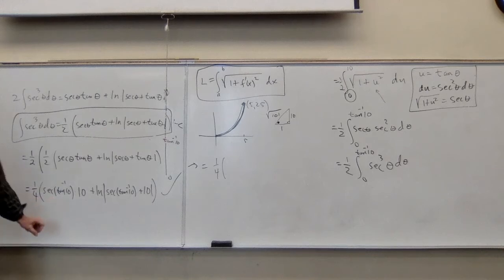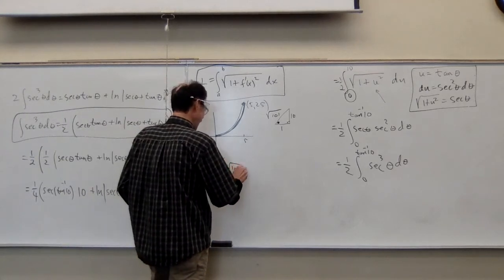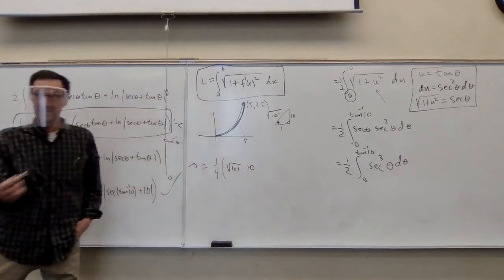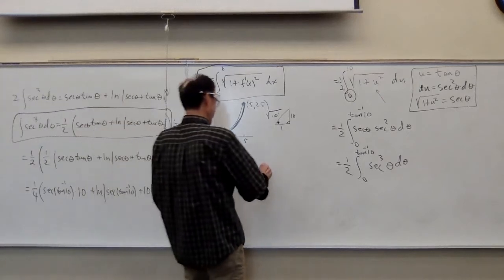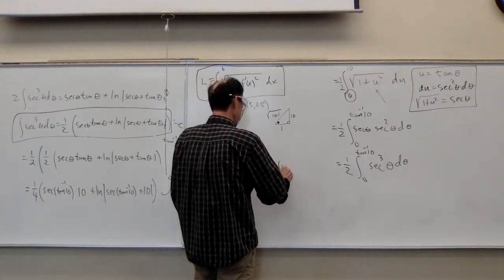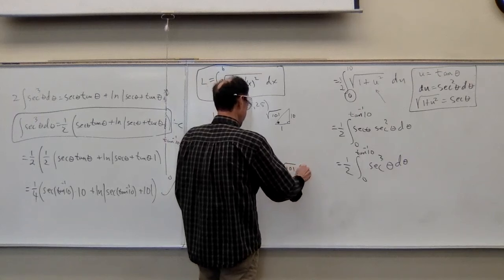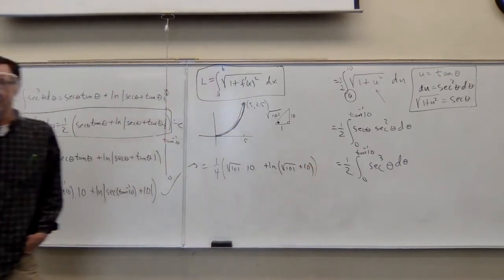Square root 101. Just a hair bigger than 10. And then our tangent of the inverse tangent of 10, those just cancel out. And then I get plus the log of the secant. We just said everything's positive, we can now agree. There's our answer.